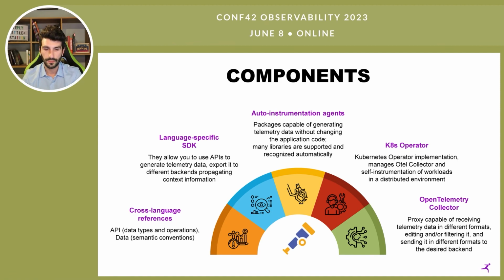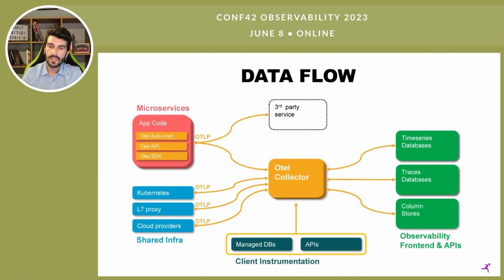Last but not least, the OpenTelemetry Collector is one of the most important artifacts in the project. It is a kind of proxy able to receive OpenTelemetry data in different formats, editing and/or filtering it, and sending it in different formats to the desired backend.